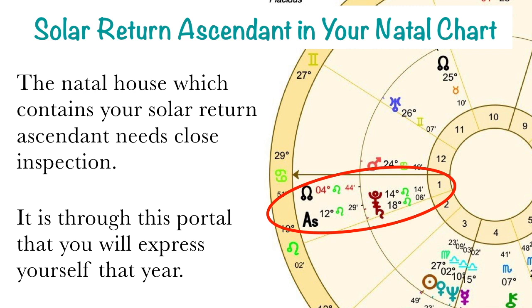It's a powerful position for any planet or point to be, and with the solar return ascendant in his 1st house, although not the same sign, this is the subtlety of this. He's going to be able to be more, I want to say, well, all 1st housey things, right? You'd also perhaps note in this case that the ascendant is conjunct Pluto and, at a stretch, Saturn as well.